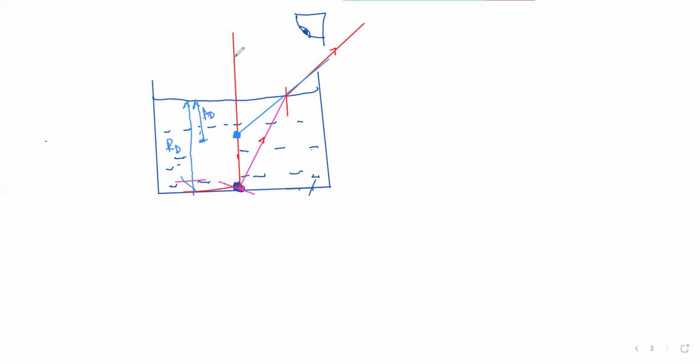Now for the sake of our analysis, let me create points. Let's name this point O. This is the image, so point I, point A, and then point B. Now, the ray is perpendicular at this point.